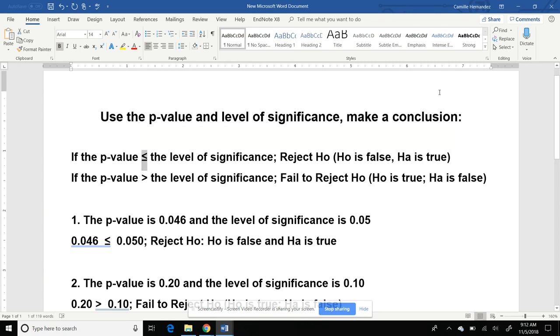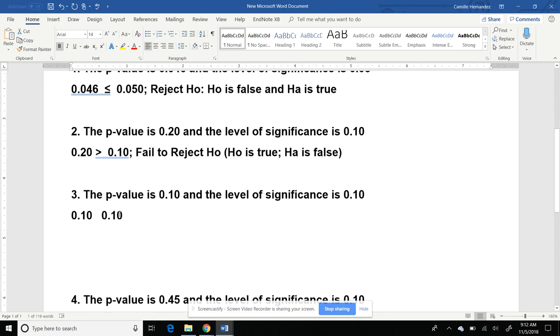So if I put this in, and I hope some of you do remember this from 1001 or from other math classes, this is a true statement because of that equality sign. 0.10 is equal to 0.10. So since this is a true statement, I reject the null again. And again, that means my null is false and my HA is true.